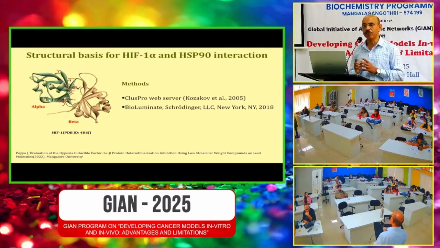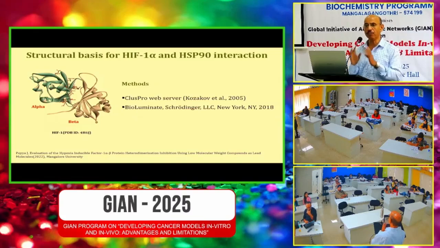Later on, we did not stop there, because we wanted to find out in what way the HIF1 alpha and HIF1 beta interaction can be blocked. On the other hand, we wanted to find out how HIF1 alpha interacts with HSP90, because HSP90 is the one that mediates the stabilization of the HIF1 alpha factor.